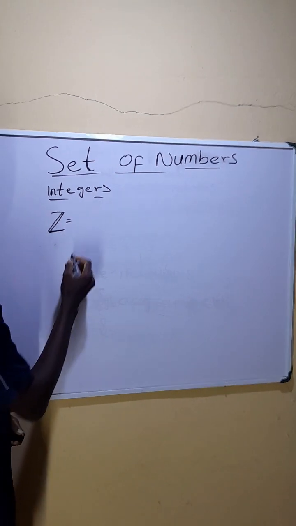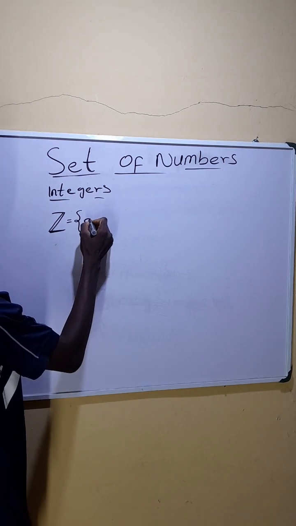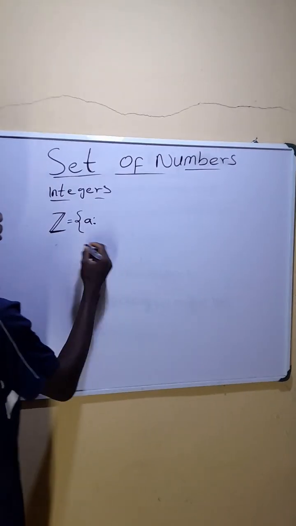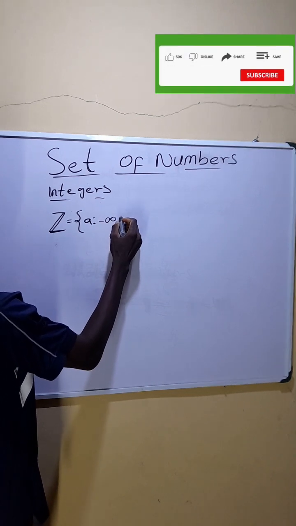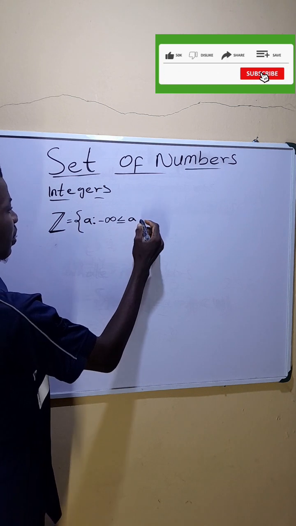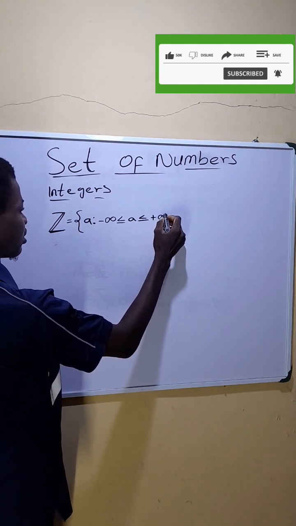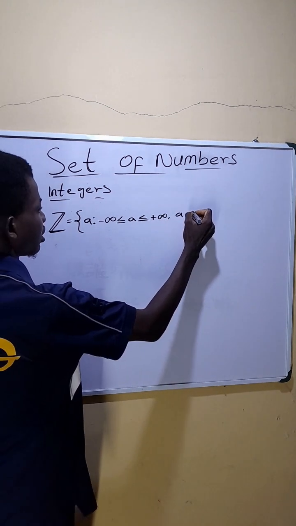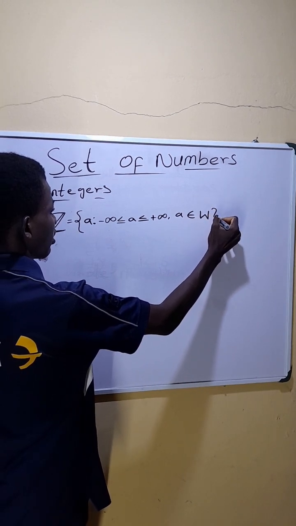So we can say that integer is A such that negative infinity is less than or equal to A, A is less than or equal to positive infinity, where A is an element of whole numbers.